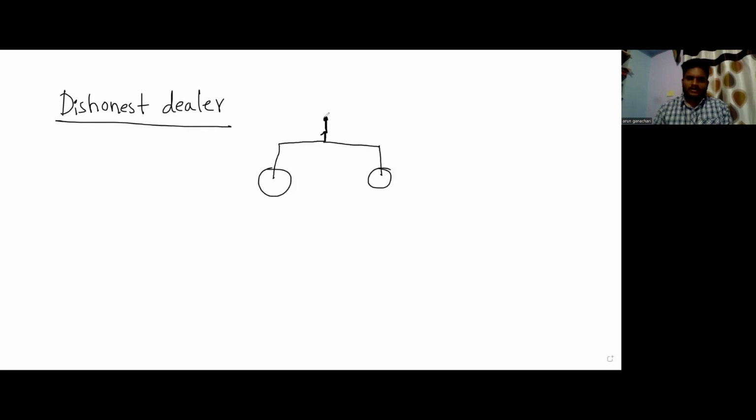Okay. So here there will be a small indicator. How do you think the person cheats here in this thing? You'll use a magnet. Yeah. So one thing is he'll use a magnet. Then balance, no change.